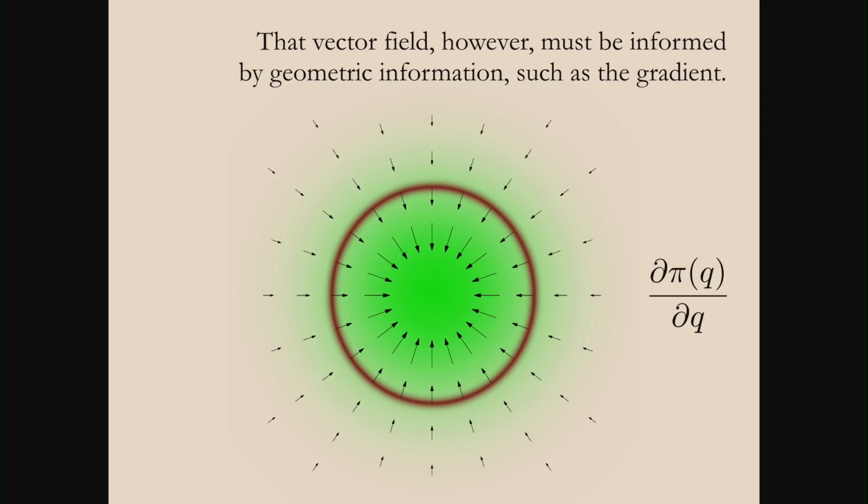And that vector field clearly incorporates some kind of corresponding geometry that's capturing some structure of the typical set. It's just not quite the right geometry. Because if we flow along the gradient, we don't stay in the typical set. We fall away from the typical set and crash into the mode.